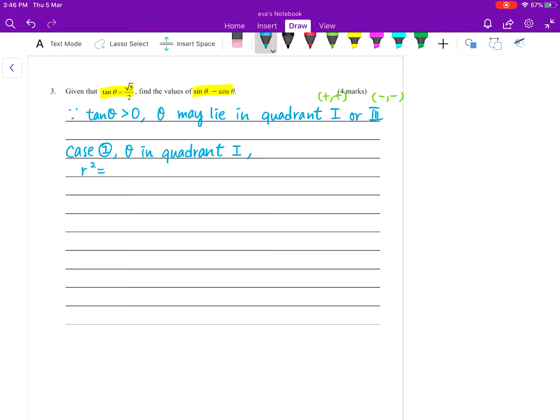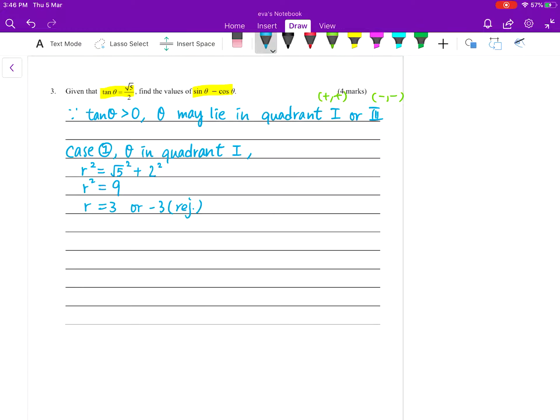We only have to find r. So r square equals square root 5 square plus 2 square, which equals 9. So r equals 3 or negative 3.